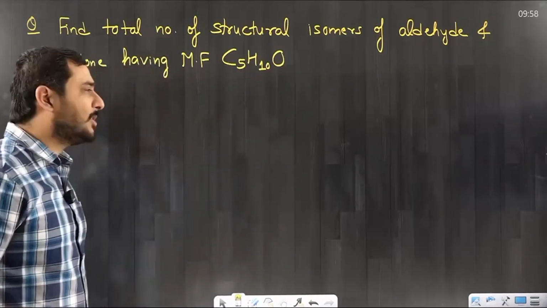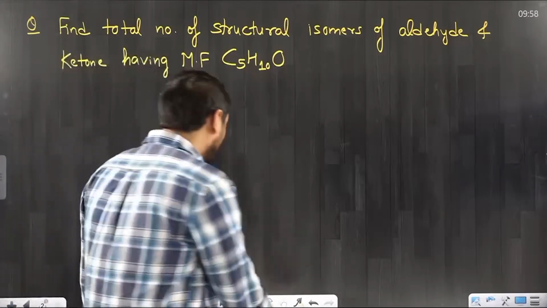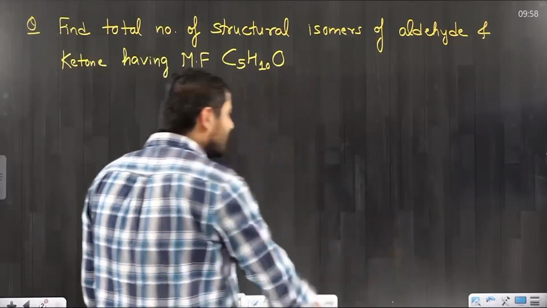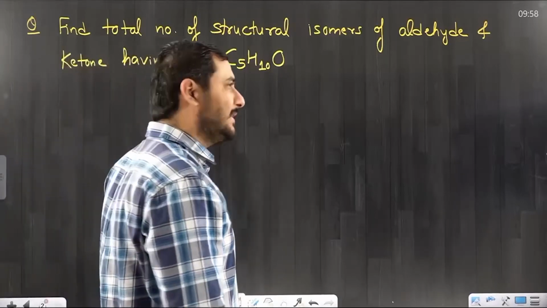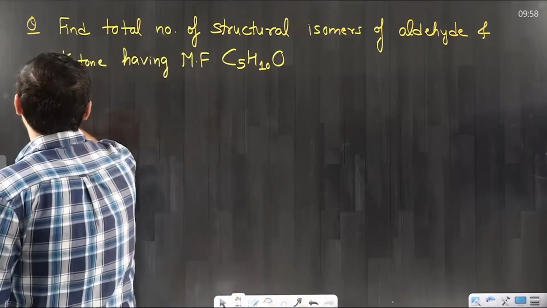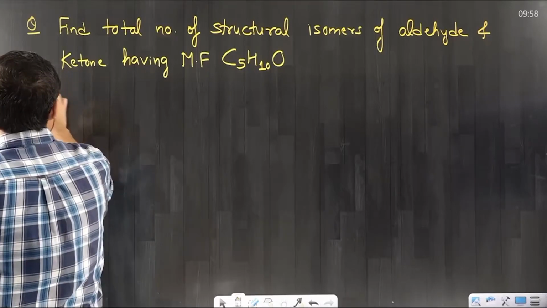Because in aldehyde and ketone only one oxygen atom is present, we have to solve this. So again, first we write for aldehydes, then we write for ketones. Let us first start with aldehyde.